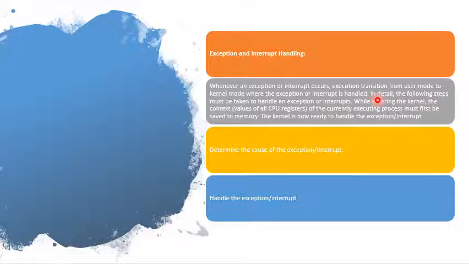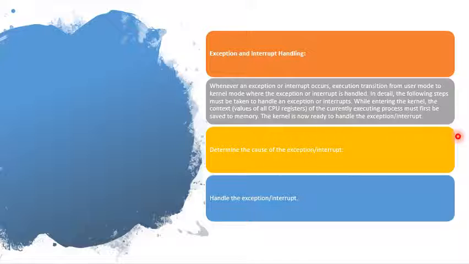In detail, the following steps are required for handling the exception or interrupt while entering the kernel level from the operating system level.